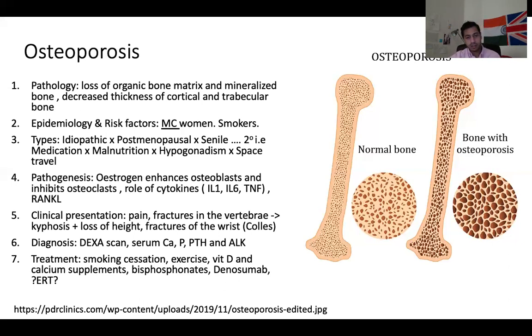So as I mentioned about the pathogenesis, we know the role of estrogen here. It enhances osteoblasts and it inhibits osteoclasts. We know that there's an important role in cytokines. So the effect on the bone mass is mediated actually by inhibiting secretion of these following cytokines, so interleukin-1, interleukin-6, and TNF, because they actually modulate osteoclastogenesis.